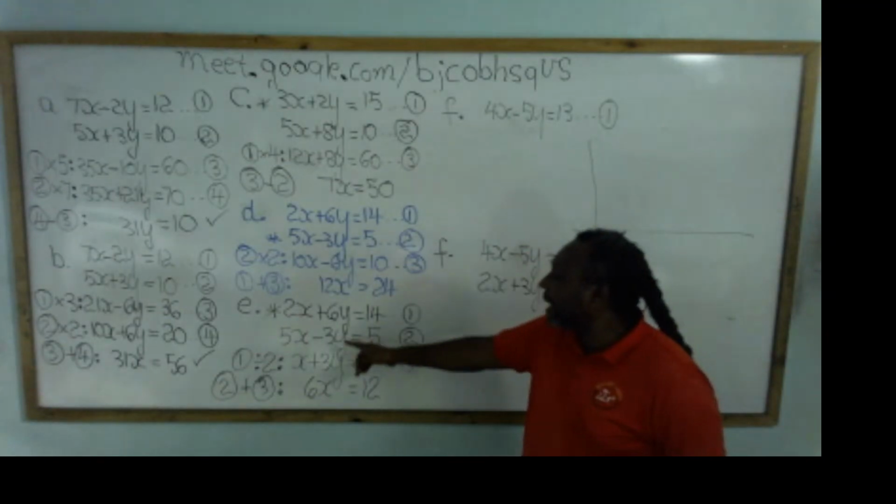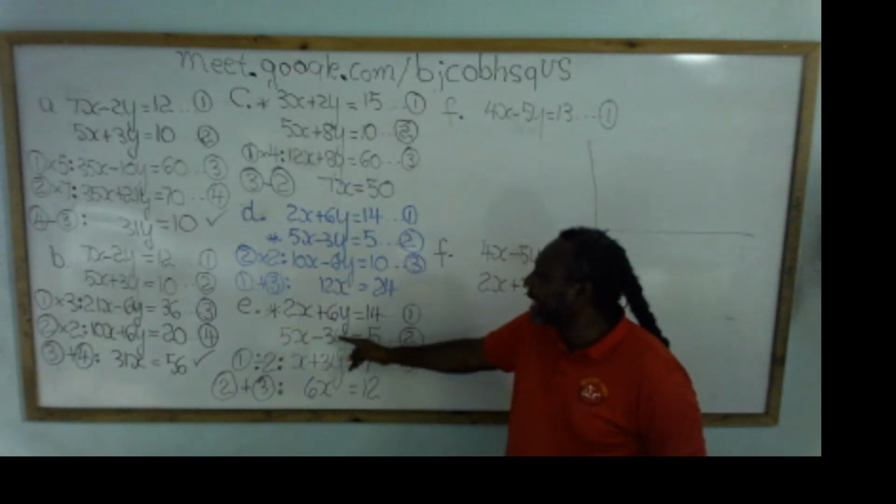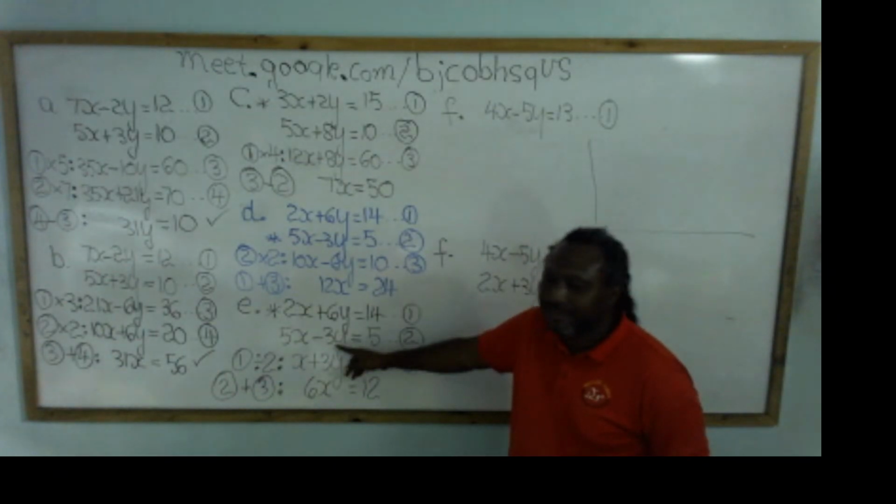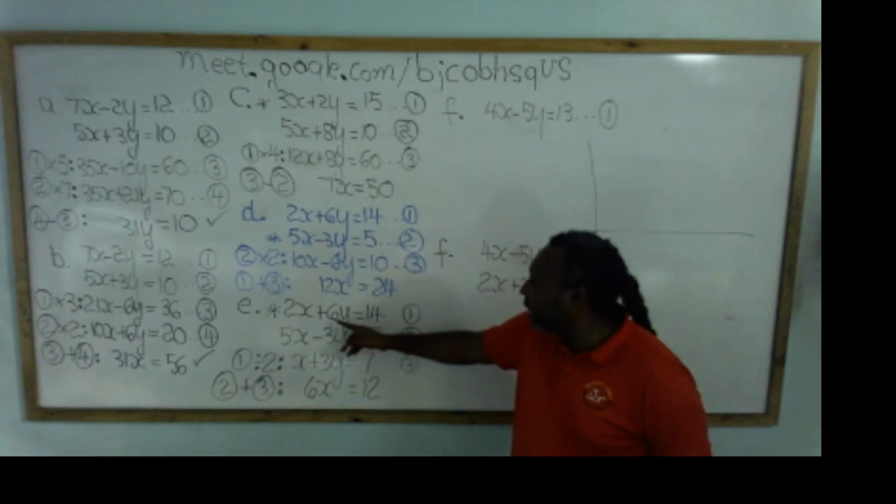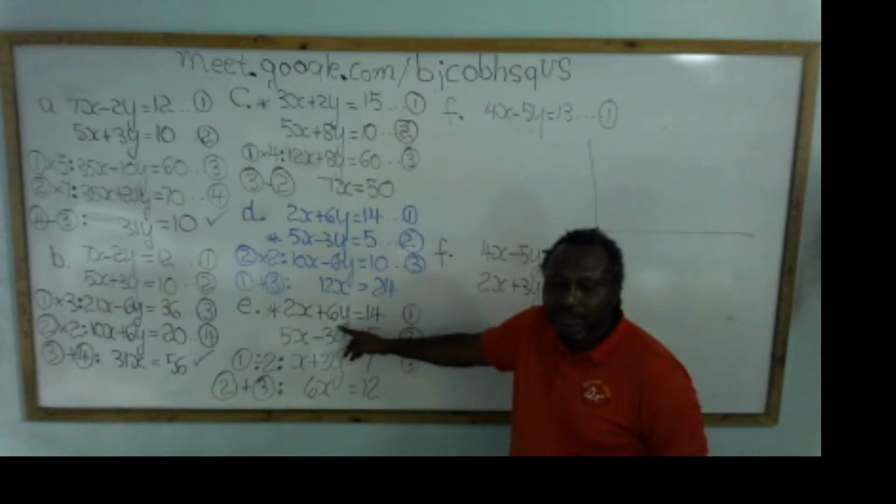Look at this. Because I see the 3 and the 6, it is as easy as 3 times 6 to eliminate, and it's also as easy as 6 divided by 2 to give 3 to eliminate.